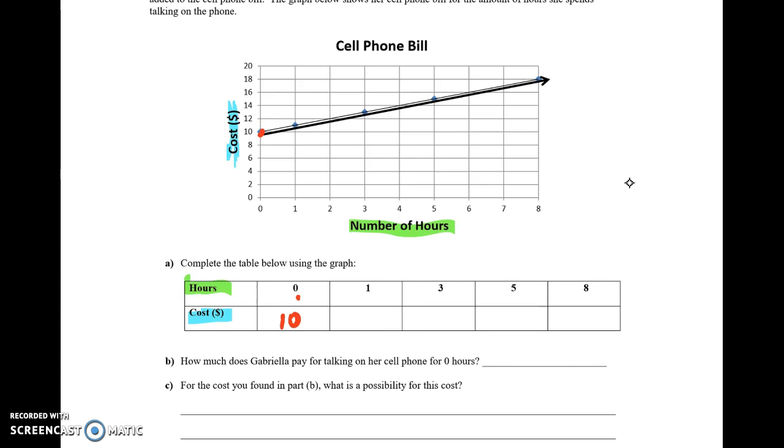Where the hours are 1, we have about 11. Where the hours are 3, 13. Where the hours are 5, 15. And where the hours are 8, we have about 18.